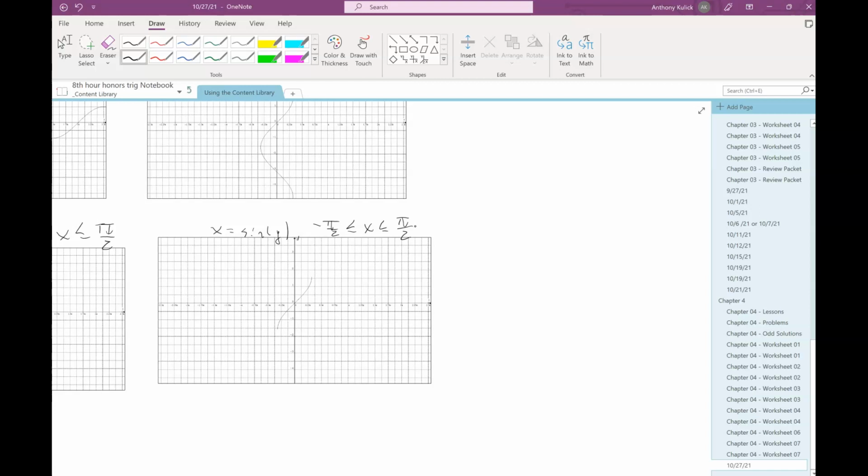What's the downside here of having done this? Well, yeah, it's not a complete graph.